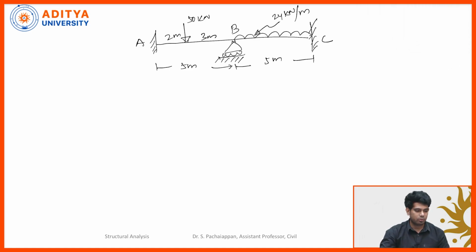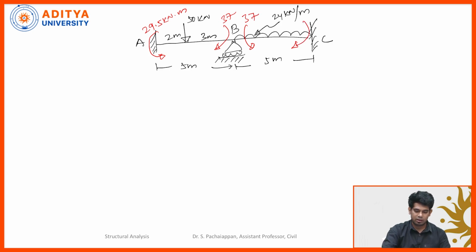So we already computed the moments. Let's write those end moments which we calculated. At support A, the moment is 29.5 kilonewton meter, and at support B, it is 37 and then 37.